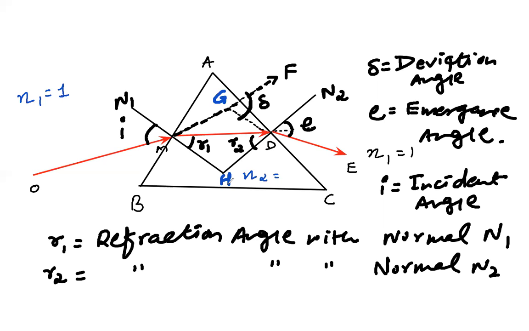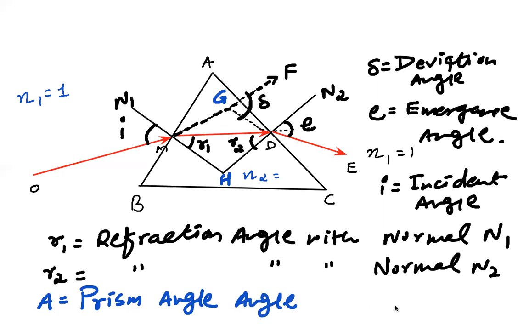So both fulfill the condition of our equilateral triangle. Angle A is called the prism angle. Always remember, your prism's angles are equal in this case. So A is called the prism angle, and that is always 60 degrees, because I have used the word equilateral triangle.